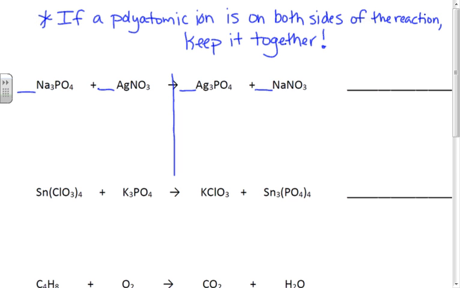That means you're going to look at it like it's a single entity, a single thing. So since we have PO4 on the left and we also have PO4 on the right, then we write it down like it's one thing.